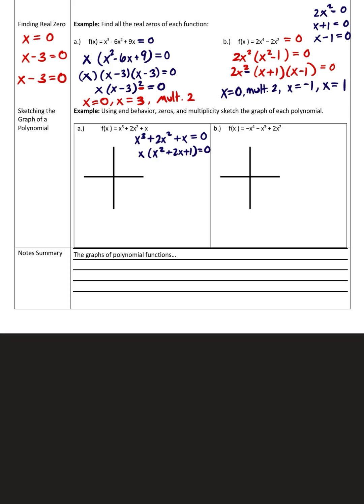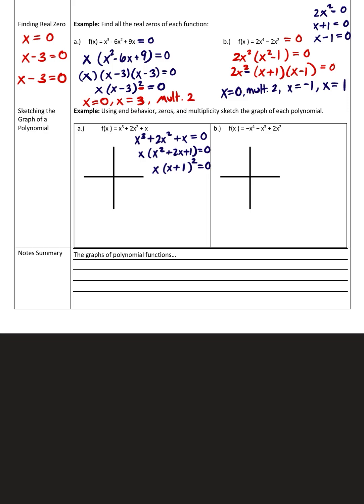I can break down x squared plus 2x plus 1 even further. If I were to do that, I would have an x that comes down, but then I also have an x plus 1 squared, because otherwise it would be x plus 1 times x plus 1.